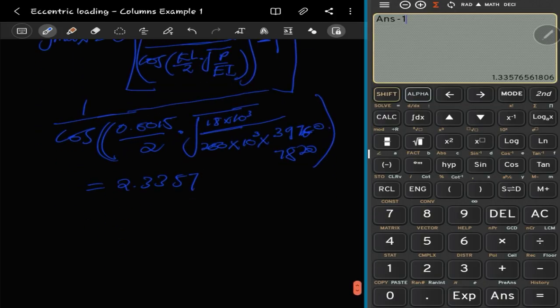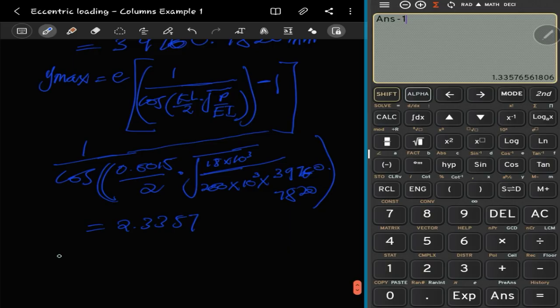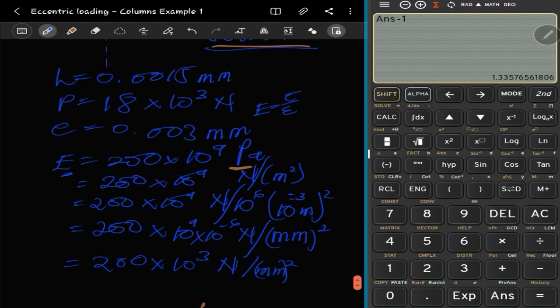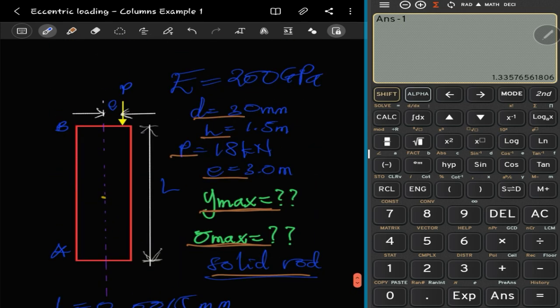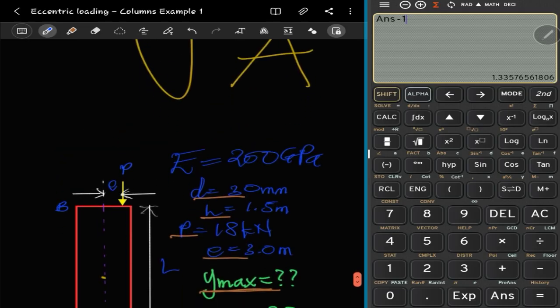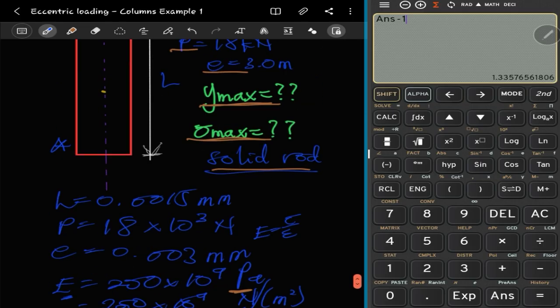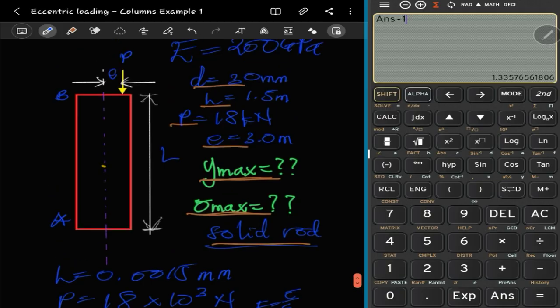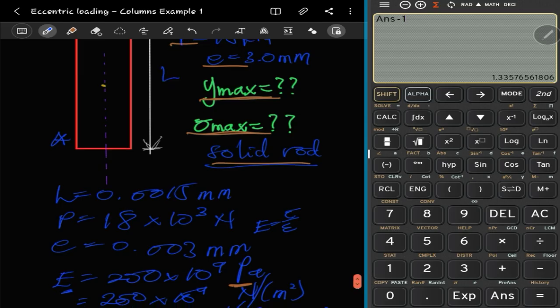So let's see. Our deflection now will be E. Now we know the E to be in mm. The E was actually in mm, directly in mm. There was no need for us to do a conversion.